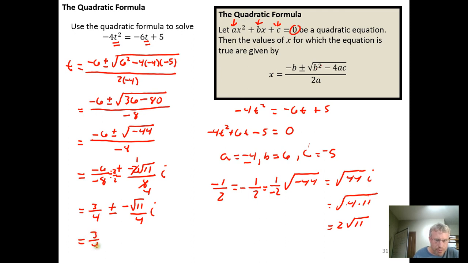And what I want to notice is that this is kind of a special case because of the plus or minus. If I get a positive times a negative, I get a negative, and a negative times a negative is a positive. And then I wind up with the square root of 11 over 4 times i. So this is simplified completely. This is what t equals. And the key is that plus or minus and minus plus, it's really the same thing because we are going to get the same result.